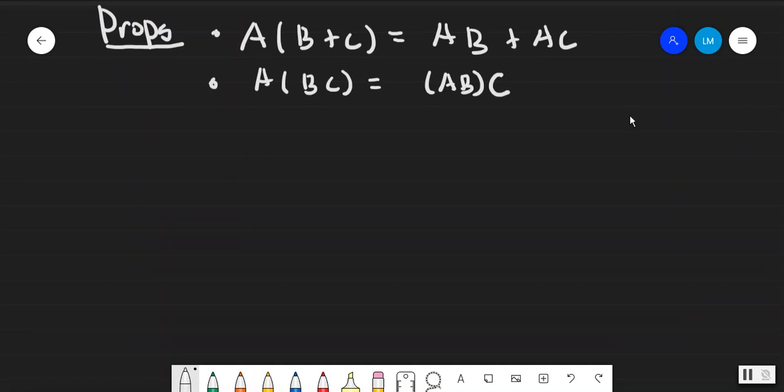Now, one of the last few things that I want to look at is, for example, identity matrices.